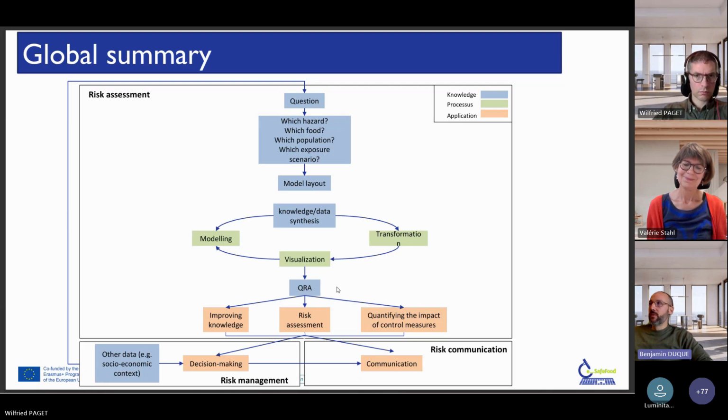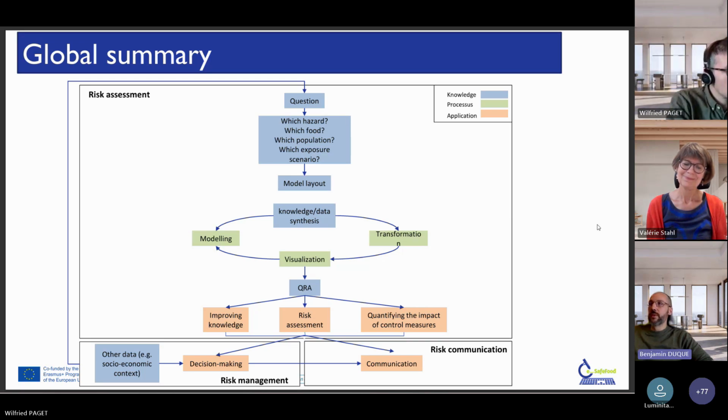So to conclude this presentation and to sum up, here is a global overview of risk analysis with the three different components: the risk assessment, the risk communication, and the risk management. For example, the first thing is to ask the right questions, so which hazard, which population, and so on.